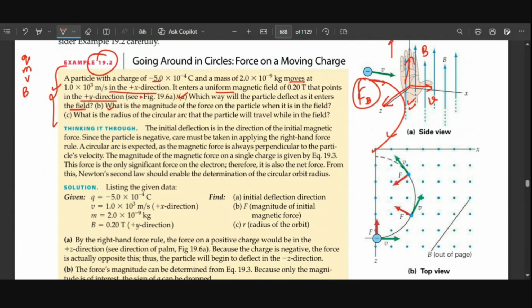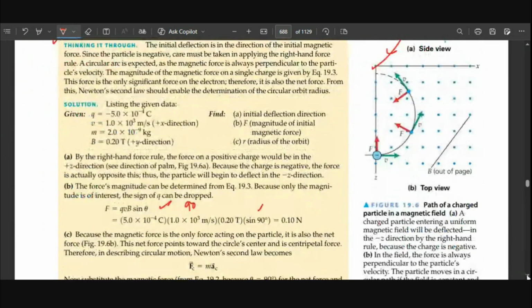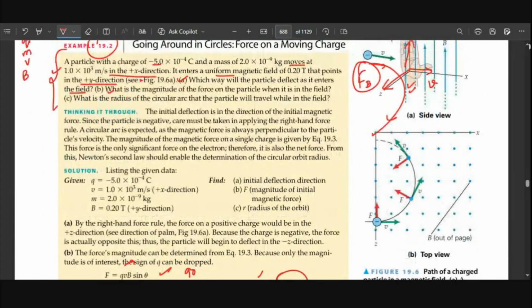Negative 1 times 10 to the power of negative 9, that's what I'm getting. What is the velocity you have substituted? What is the charge? Just check it out. And it should be 0.1 newtons. Although you can check it out as well.